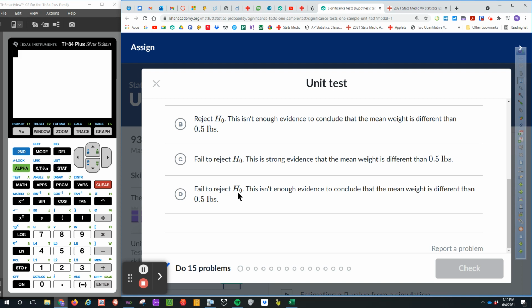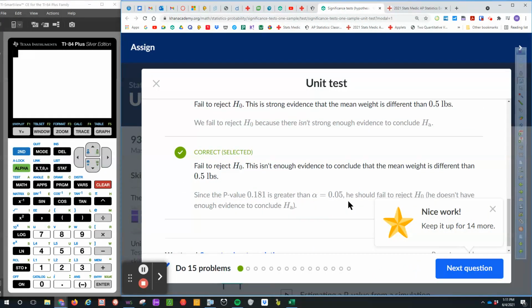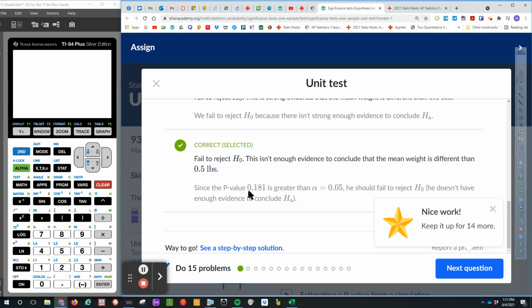We failed to reject H naught. This isn't enough evidence to conclude that the mean weight is different from 0.5 pounds. Ta-da! It says here, since the p-value of 0.181 is greater than alpha equals 0.05, he should fail to reject H naught. He doesn't have enough evidence to conclude HA.